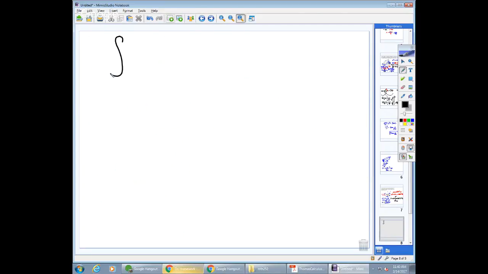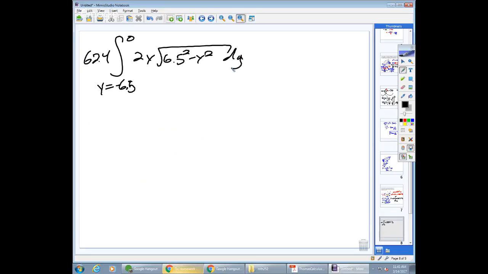So we have the integral as y goes from negative 6.5, sorry, to 0. 62.4 is hanging out, 2y is in there, square root of 6.5 squared minus y squared dy. And what's a good candidate for a u? The inside of the square root.